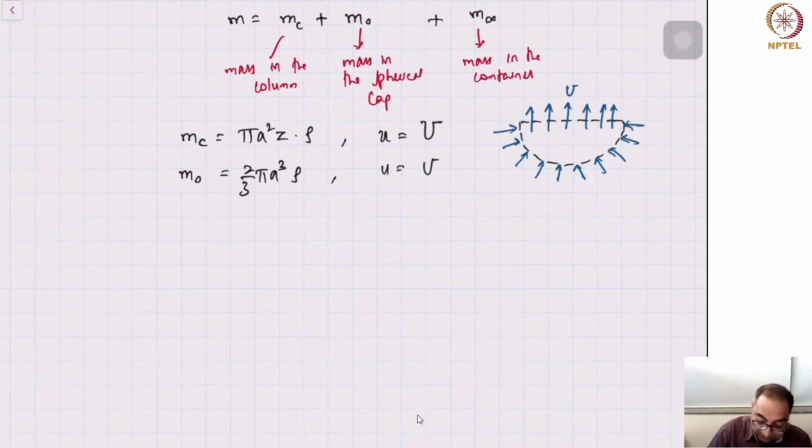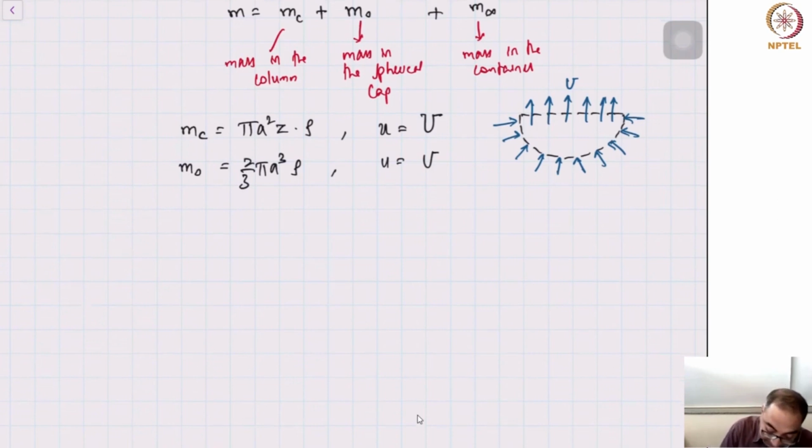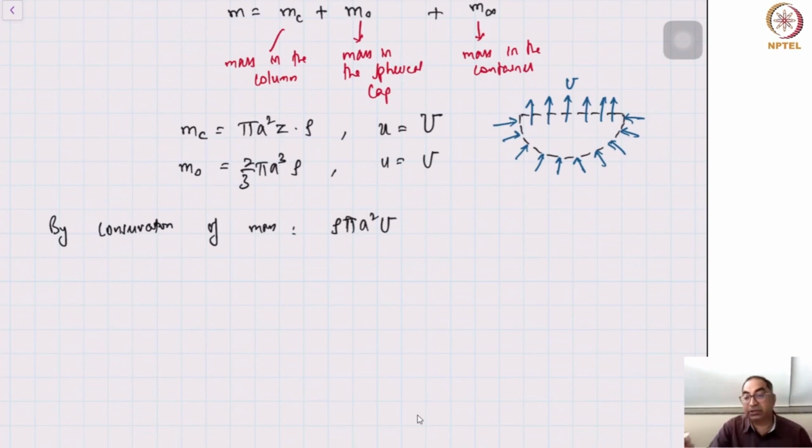So therefore, I can write down by conservation of mass, rho pi a square, that's the fluid that is leaving the spherical cap. That is capital U that I've already shown here in blue. Rho pi a square times U should be equal to the mass that is entering the spherical cap.